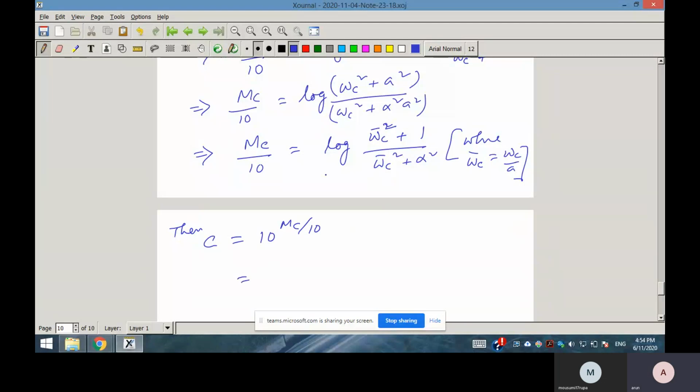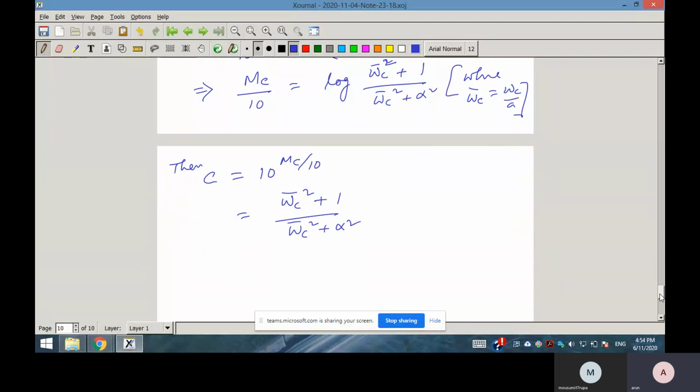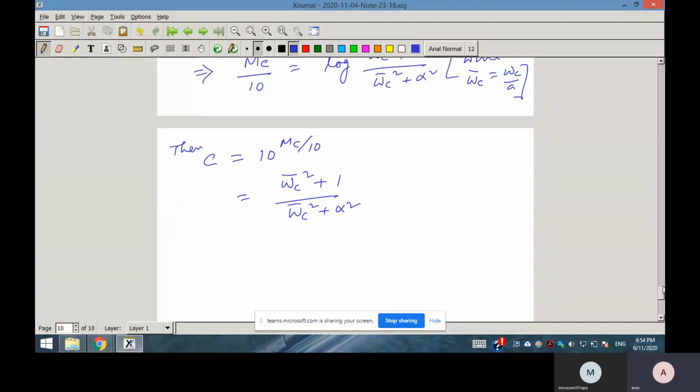So this will be equal to, from this equation, just omega c bar square plus 1 divided by omega c bar square plus alpha square. Okay. So this is about your C. Now what is your Q? Earlier Q was tan phi C.